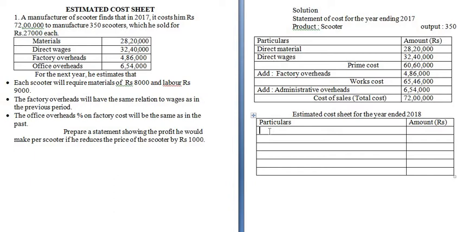Under particulars, first we need to take direct material, which is given in the problem, in the first point: 8,000. Remember they have asked us to calculate profit per scooter, so only per scooter expenses will be taken. Next we will have to take direct wages.